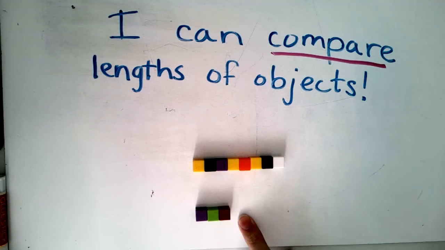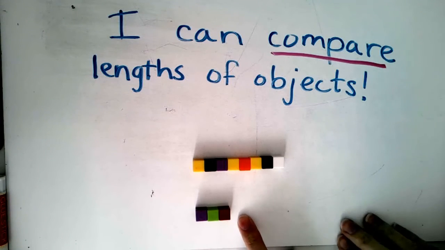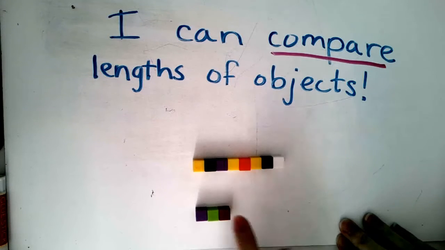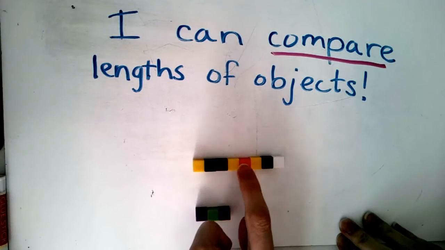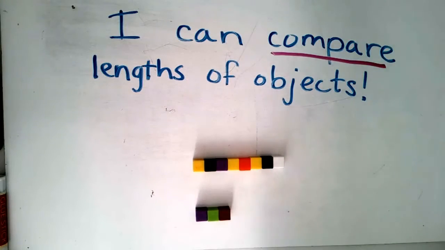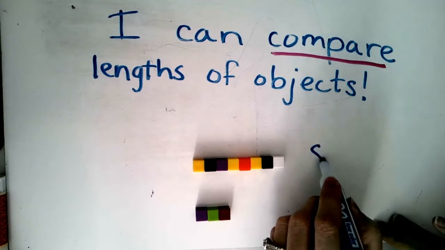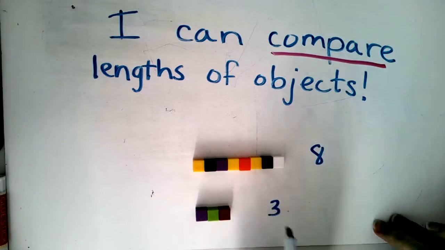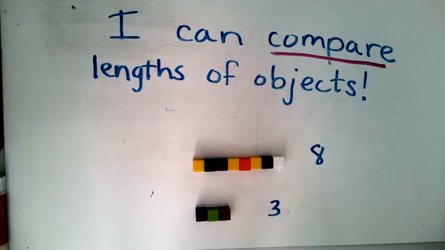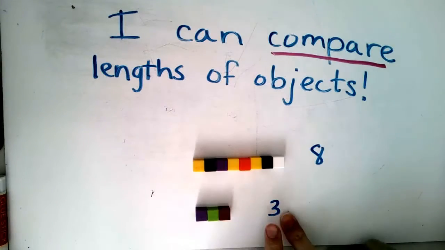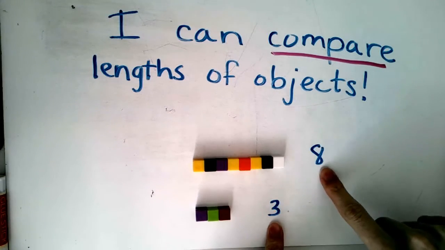There's a few ways we can do this. We could do this in our head. We might say, if the counter is 3 and the glue stick is 1, 2, 3, 4, 5, 6, 7, 8. Let me label that. We have 8 and we have 3 for the counter. How many does it take to get from 3 up to 8?